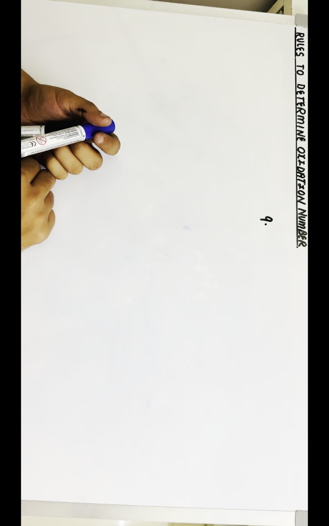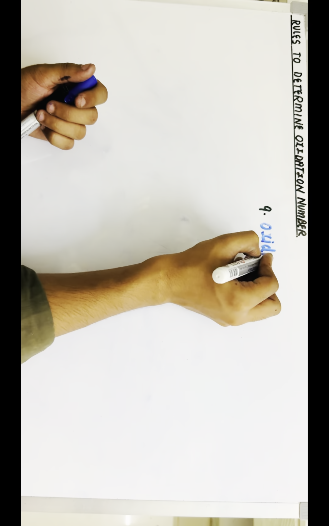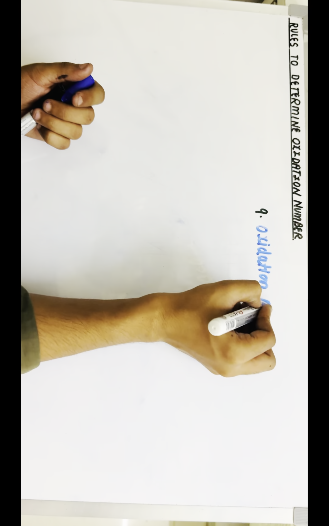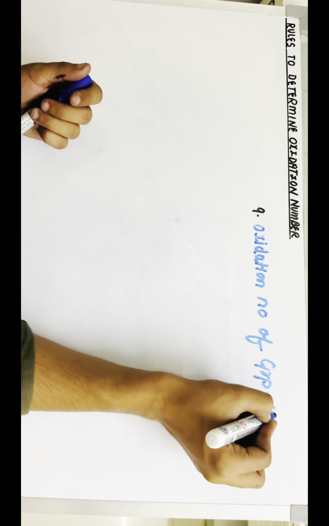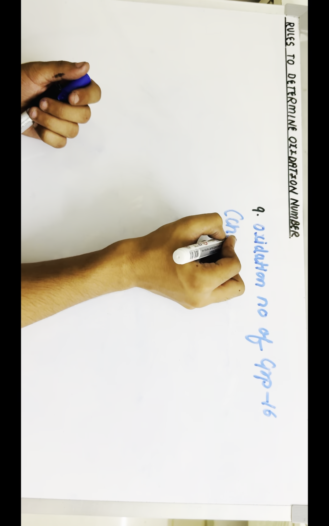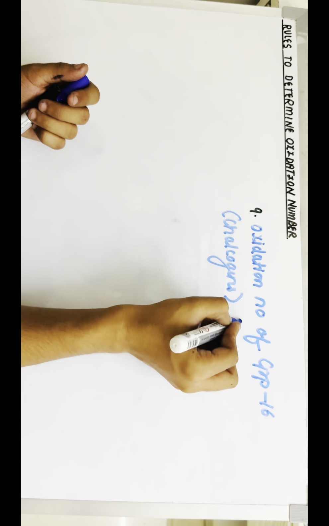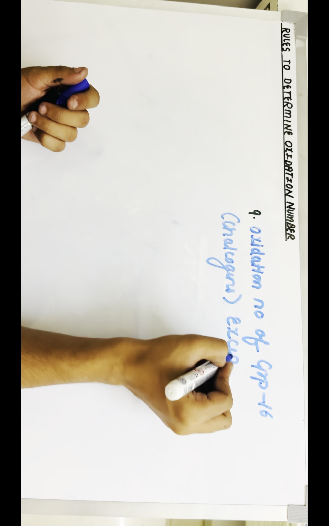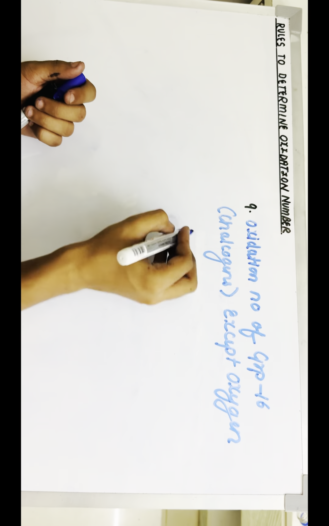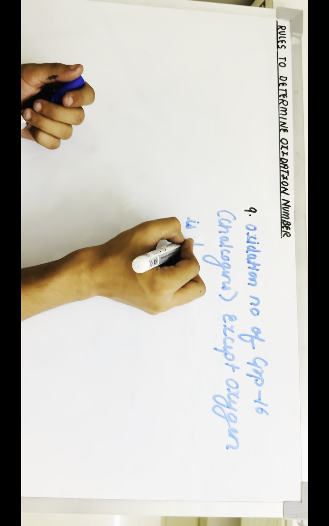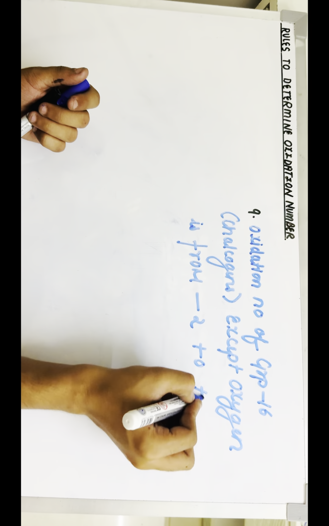Now let's discuss the ninth rule. Oxidation number of group 16 chalcogens except oxygen is from -2 to +6.